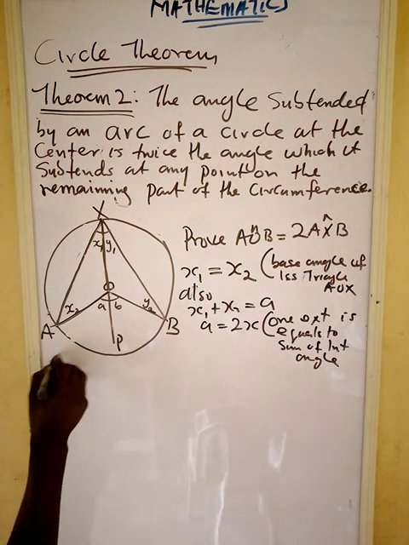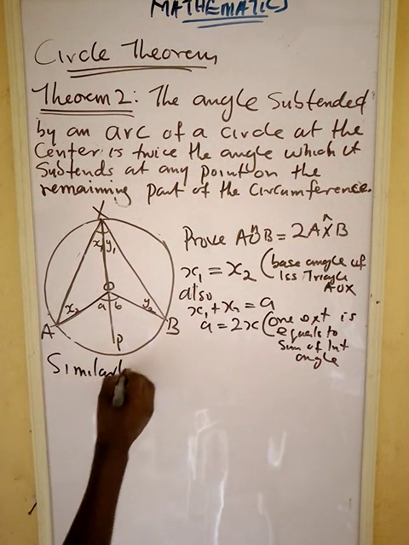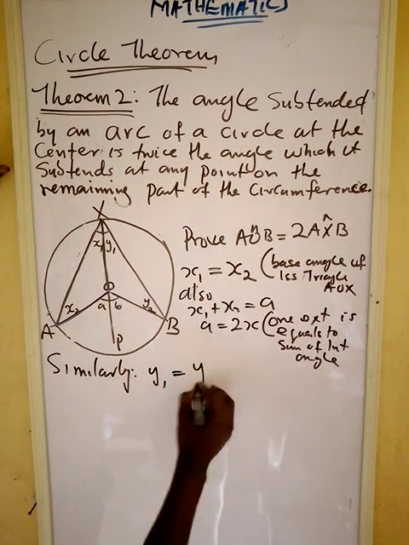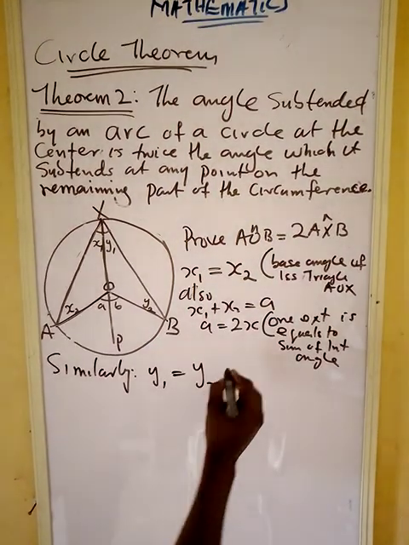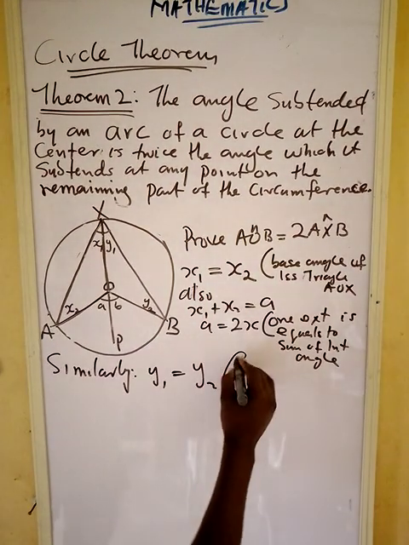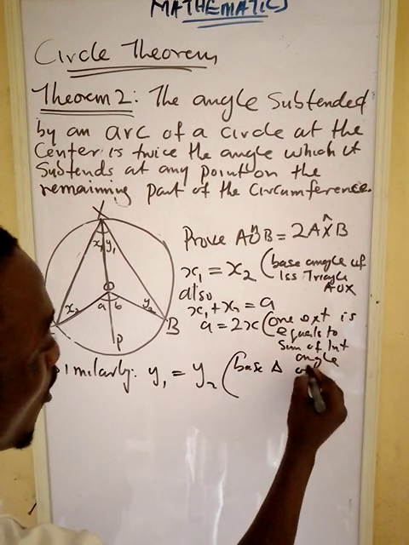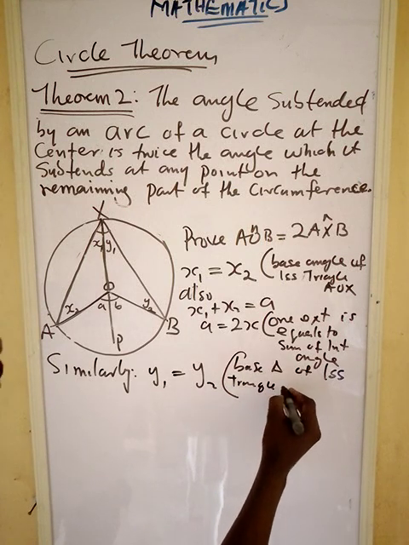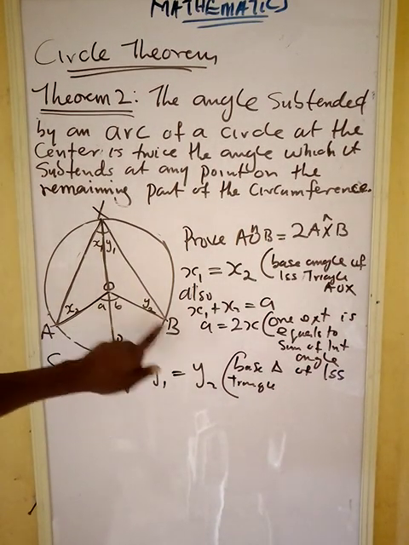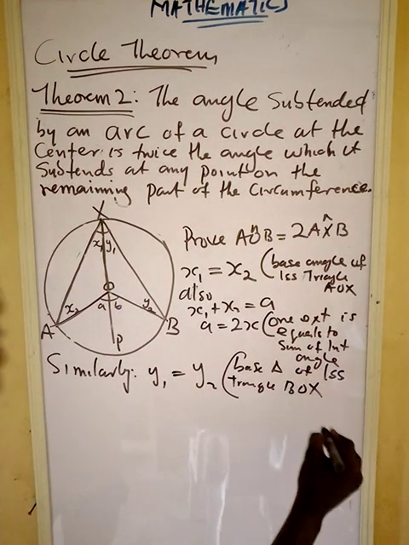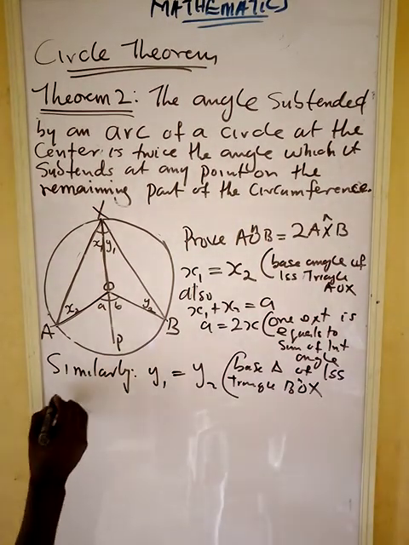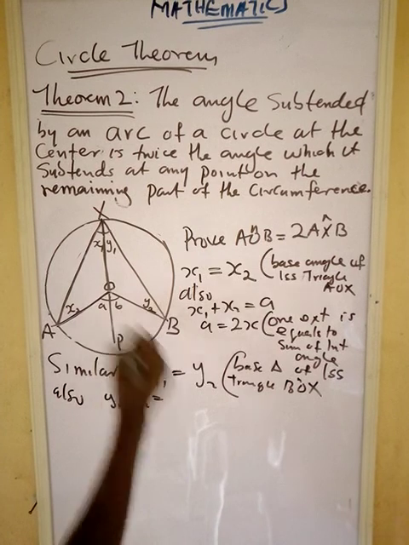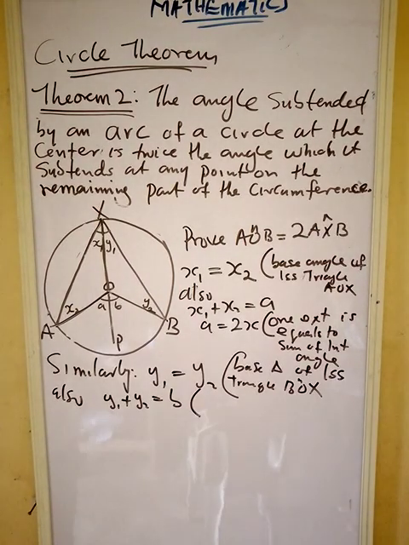Now similarly, y1 is equal to y2, for the same reason: base angles of isosceles triangle BOX. So also y1 plus y2 equals B. y1 plus y2 equals what?